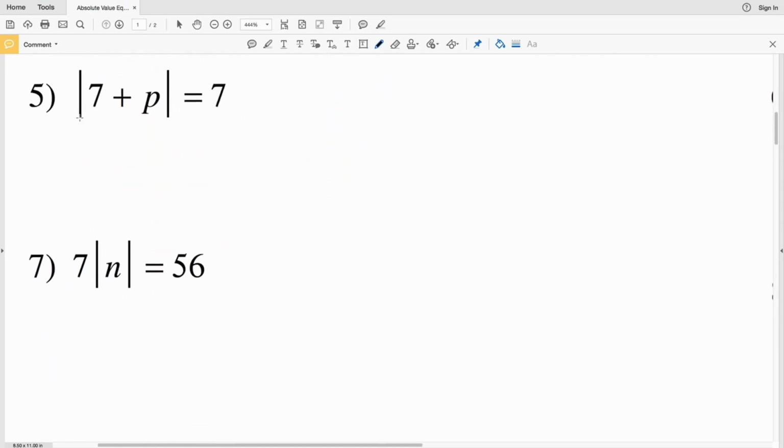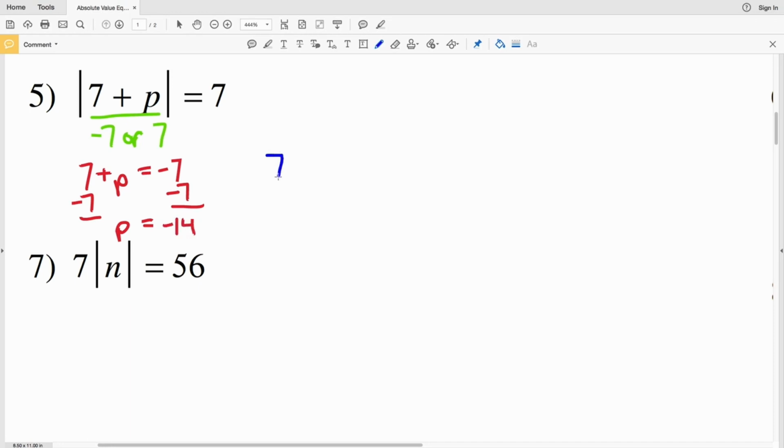Moving on to number 5, we have the absolute value of 7 plus p equals 7. That means, again, that this 7 plus p is either equal to a negative 7 or a positive 7, since the absolute value of negative 7 equals 7 and the absolute value of positive 7 equals 7. So solving for when 7 plus p equals negative 7, subtract the 7 from both sides to get that p is equal to negative 14.